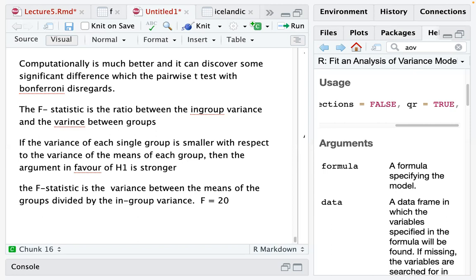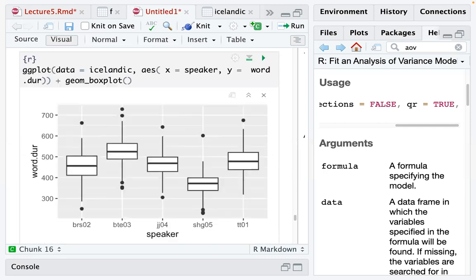Well, if F is big, it means that the variance between the means is bigger, or that this ratio is bigger. For instance, it could be that the variance between the means is big.